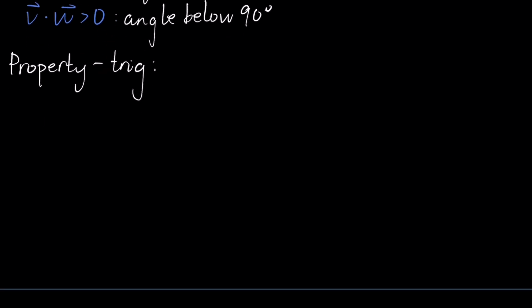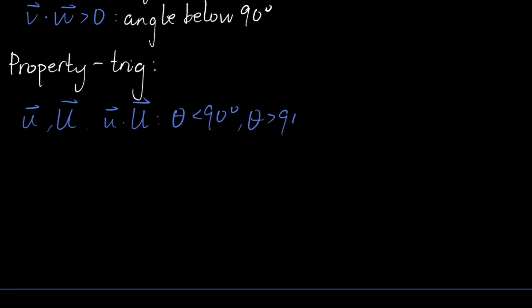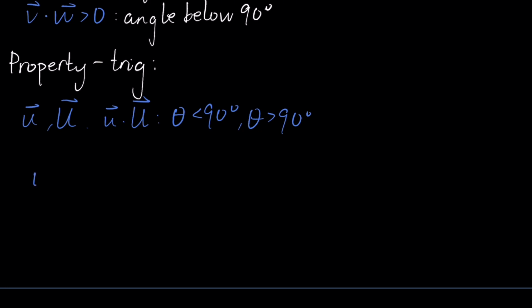First consider two unit vectors, u and big U. u dotted with big U tells us whether the angle theta is less than 90 degrees or bigger than 90 degrees. Because the vectors have length 1, because we define them to be unit vectors, the dot product u dot U is the cosine of theta.